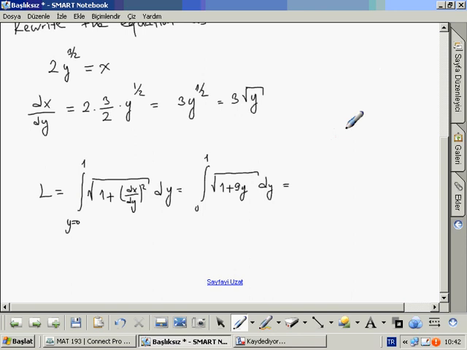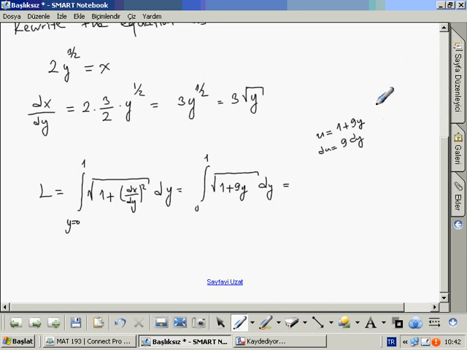Firstly let's choose u equals 1 plus 9y, and del u will be 9 del y.